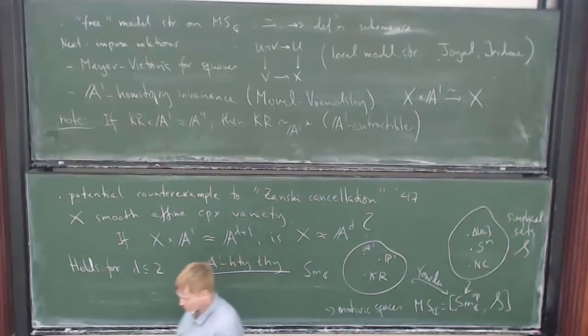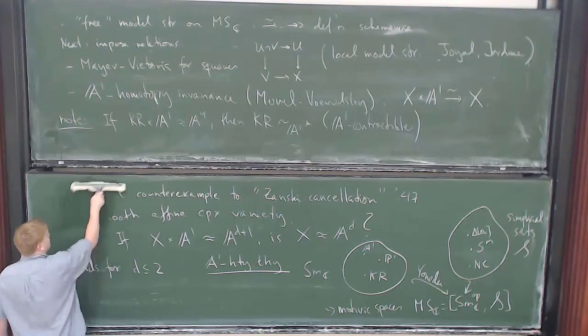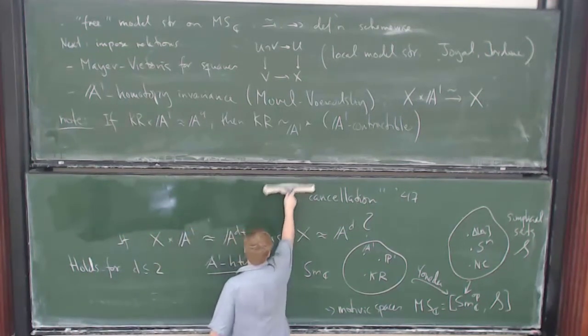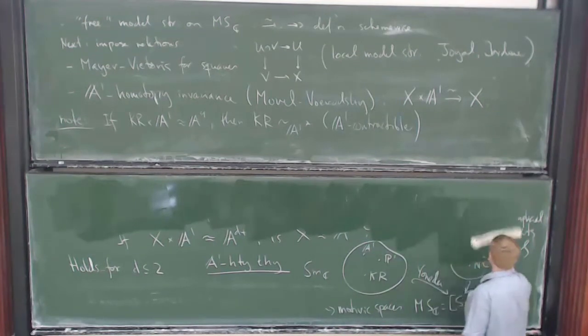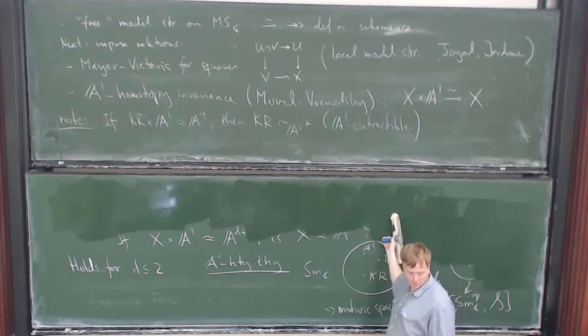So I want to talk next about a program due to Asok. The program is about how to prove that Kr is not A1 contractible. So it's sort of the opposite of Theorem 1.